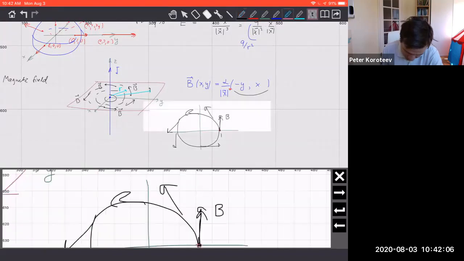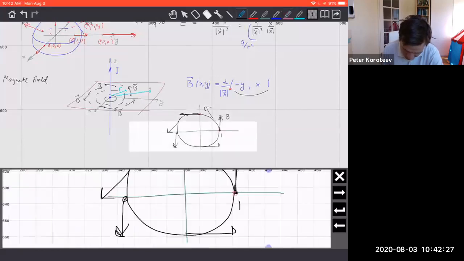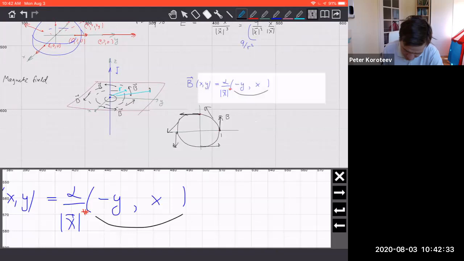And if we are at this point, then x is equal to 0, so the horizontal component should be equal to negative y, right? So it goes in this direction, and then we go here and so on, like at every point.